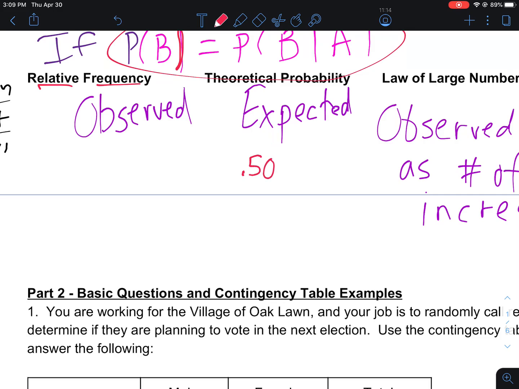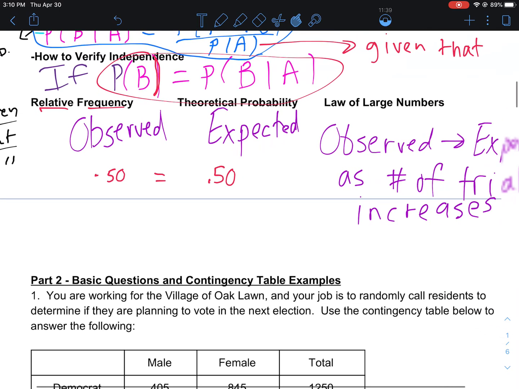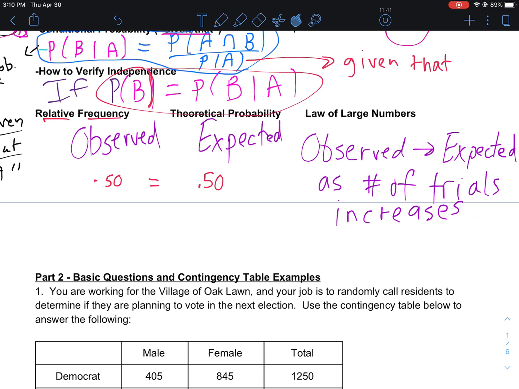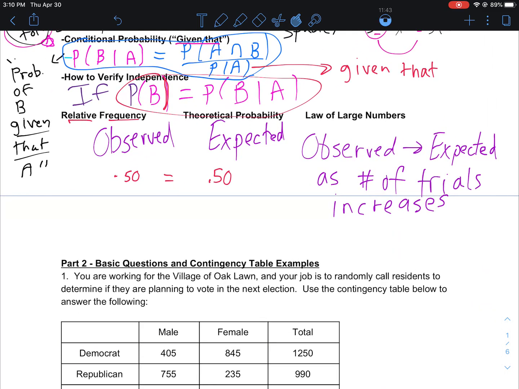If you know 50% is the probability of tossing heads on any given situation, maybe after 10 tosses it was 80%. But maybe after you toss a coin 100 times, you observed 67 heads. And maybe if you do it 1,000 times, you have 55% of the time it's heads. And the more you do it, the closer these will eventually match one another. And that is what the law of large numbers means.